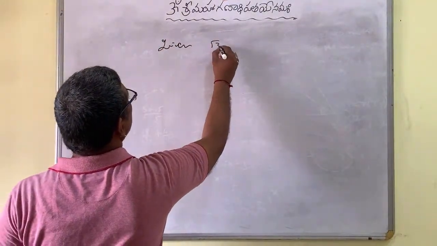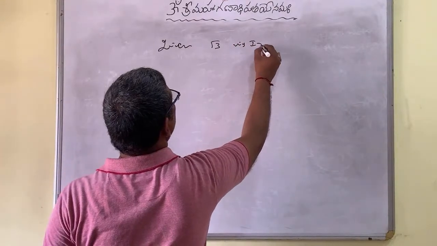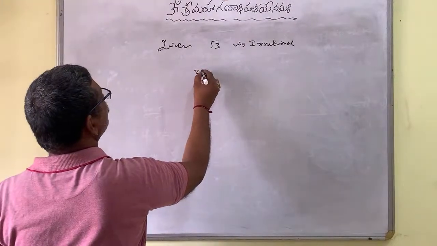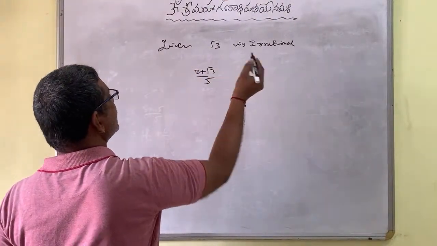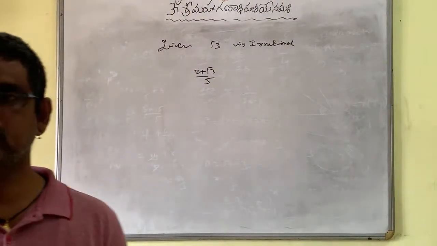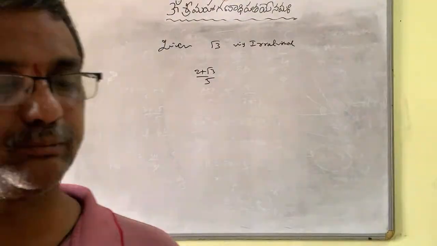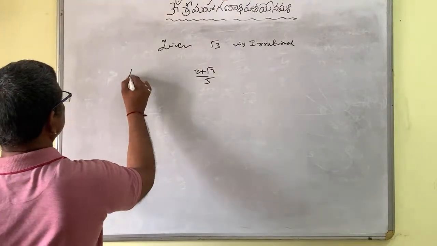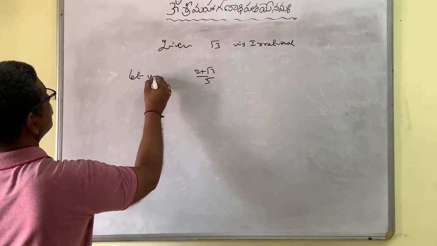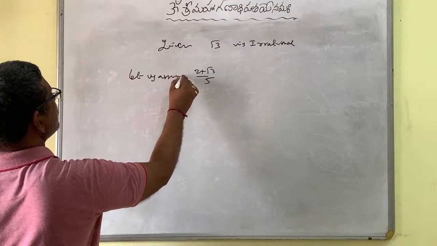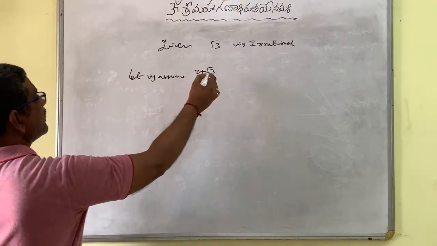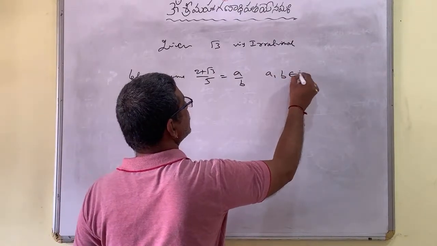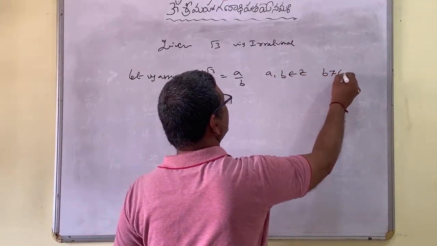Given root 3 is irrational, we have to prove (2 plus root 3) by 5 is irrational. Okay, so let us assume (2 plus root 3) by 5 is a rational number, a by b, where a and b are integers and b is not equal to 0.